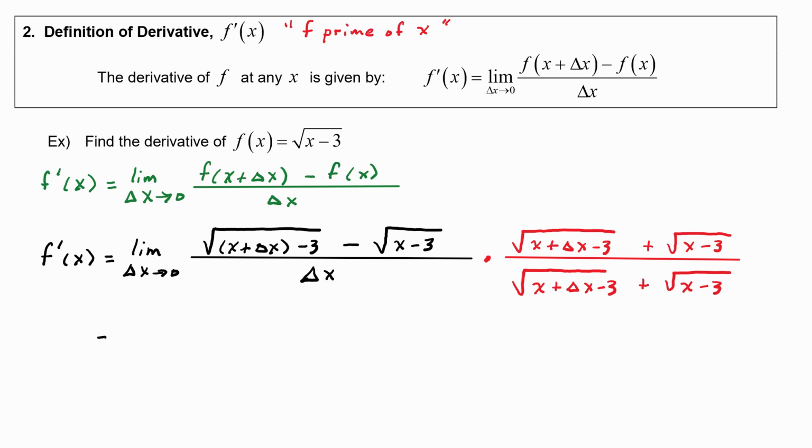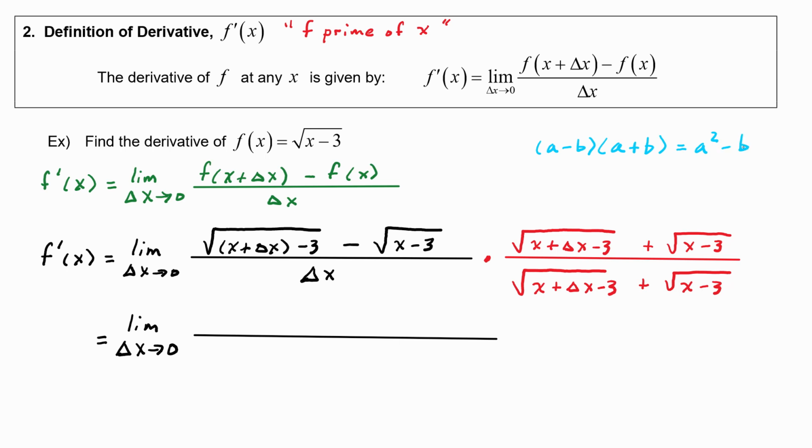Let's bring down the equal sign. Limit as delta x goes to 0, because we have not done this limit yet. Let's get the fraction bar in there. Now, we're going to use a rule from algebra that says a minus b times a plus b is equal to a squared minus b squared. This is our a minus b.